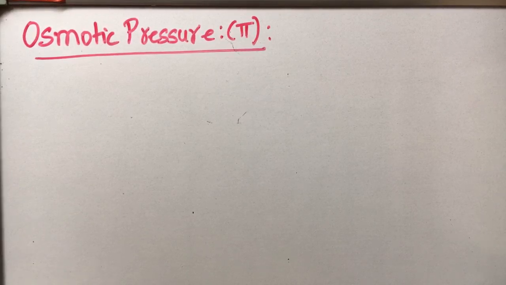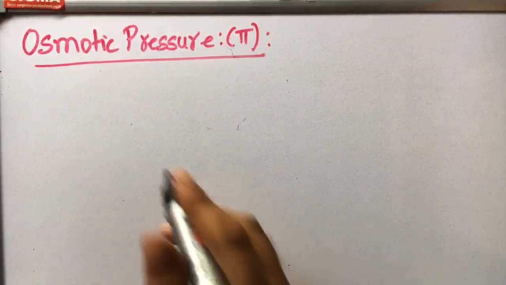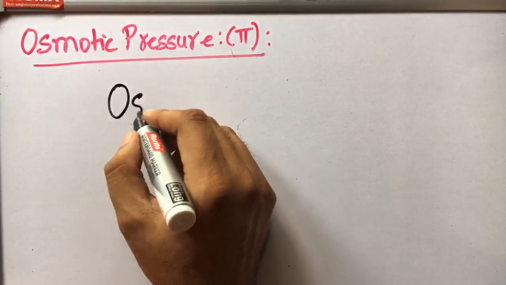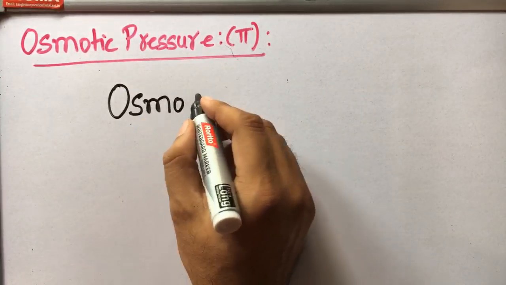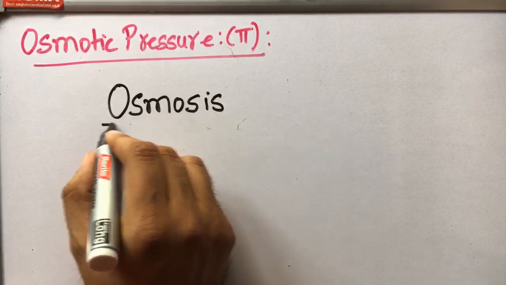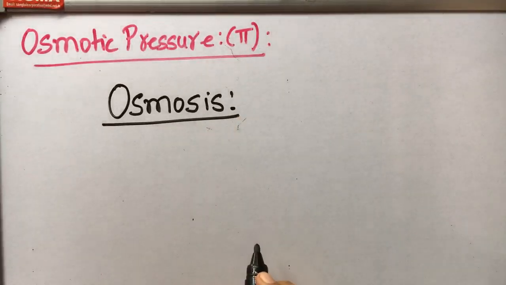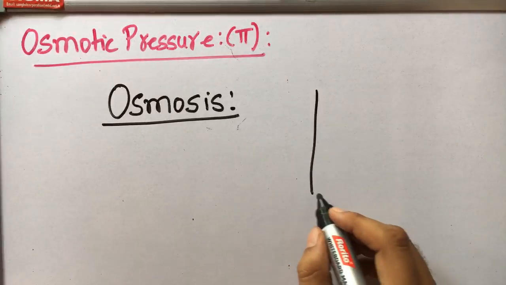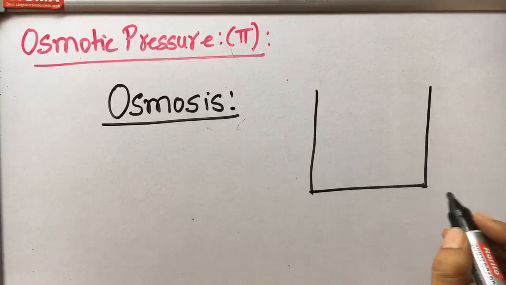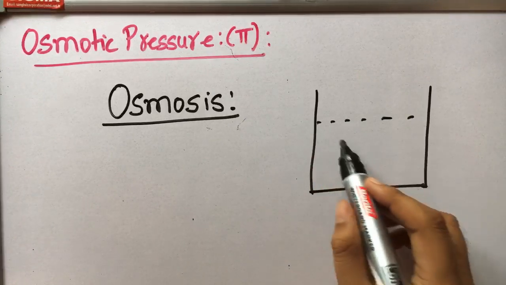Okay, now students, to understand the concept of osmotic pressure, even though we don't want to study much about osmosis, we need to know what is osmosis. We need to know a process known as osmosis. What is osmosis? To understand this concept, say you are taking pure solvent here.